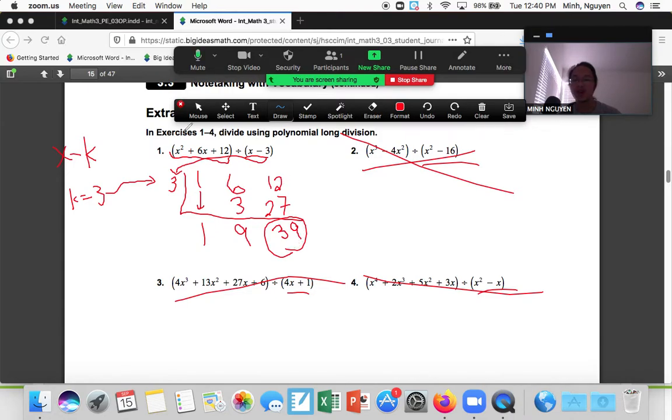So x squared plus 6x plus 12 divided by x minus 3 is 1x plus 9 plus 39 over x minus 3. So one thing you'll notice is that in the problem, this starts off at 1x squared, 6x, but we don't need to write that when we do synthetic.